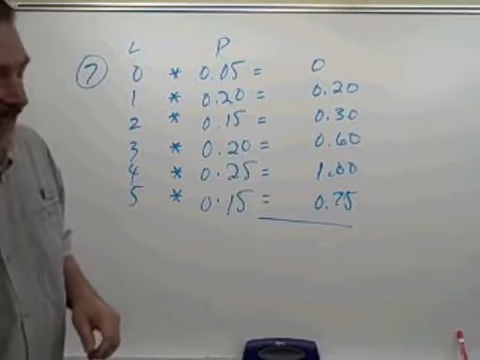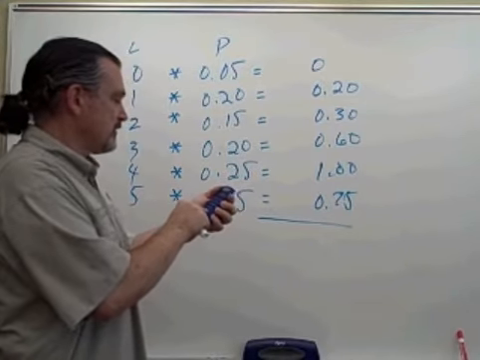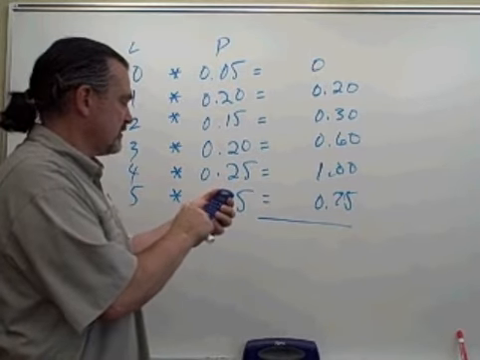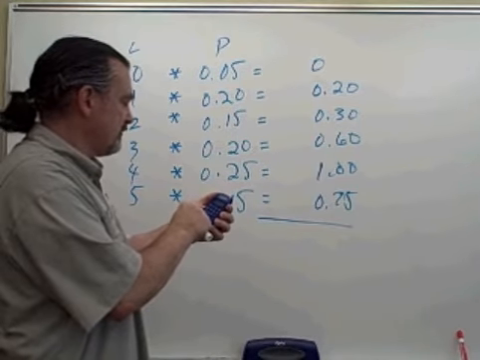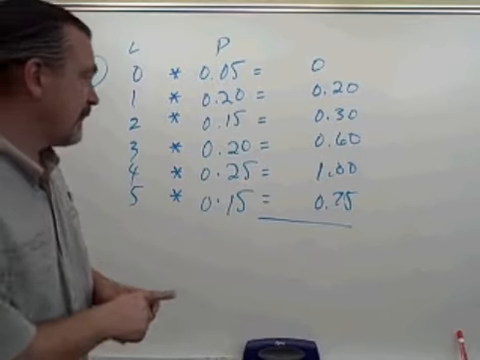So if we take those values and add them up, so 2 tenths plus 3 tenths plus 6 tenths plus 1 plus 75 hundredths gives us a value of 2.85.